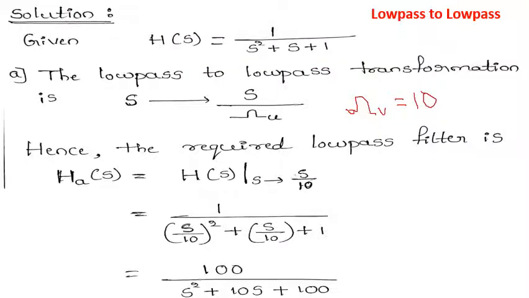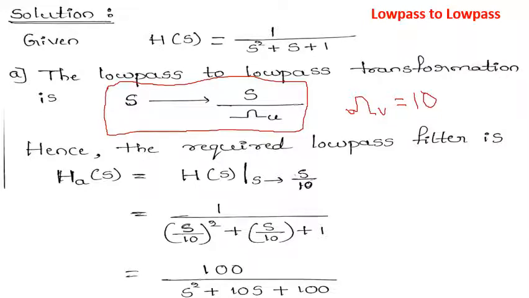To transform a low pass filter to another low pass filter, we have to use the low pass to low pass transformation, which states that wherever there is s in H(s), that has to be substituted by s divided by omega u.